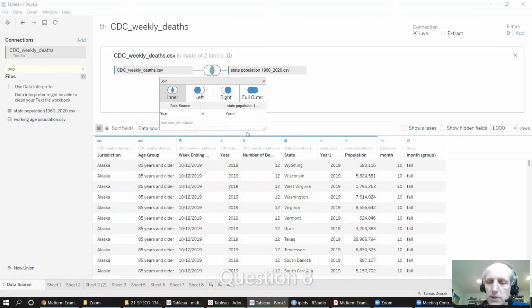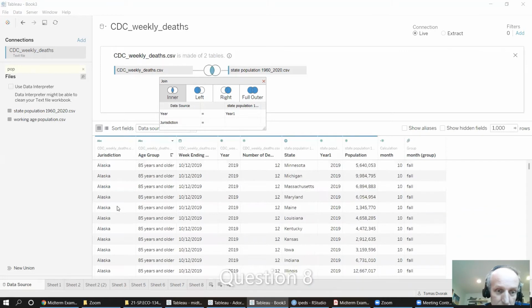But there's also another dimension that exists in both data sets, and that is jurisdiction. That's called jurisdiction in the CDC data. It's called state in the state population data. So let's take jurisdiction. It looked like mostly states.